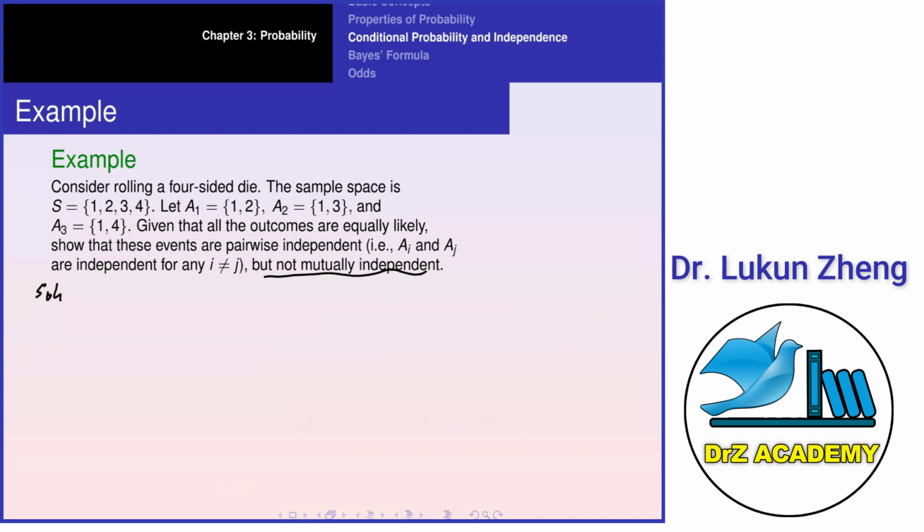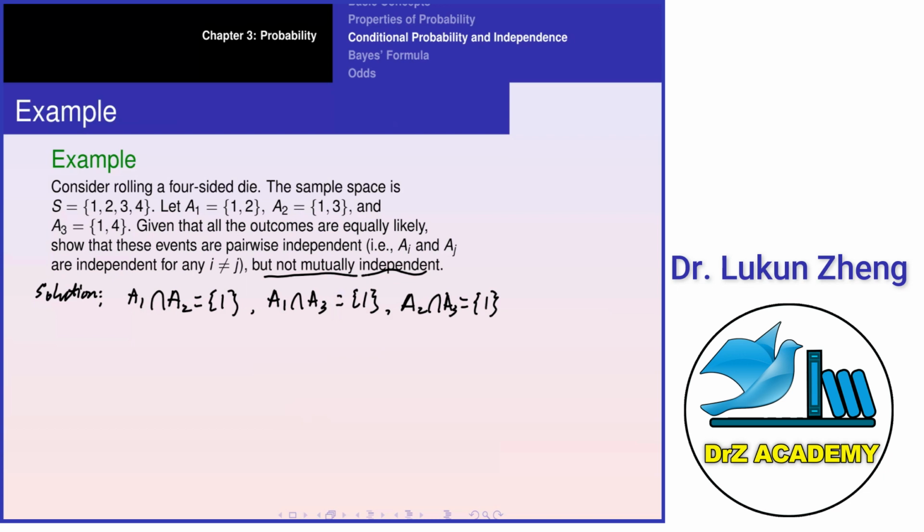Solution. You can see that A1 intersect A2 is just {1}, A1 intersect A3 is also simply {1}, and A2 intersect A3 again is {1}.